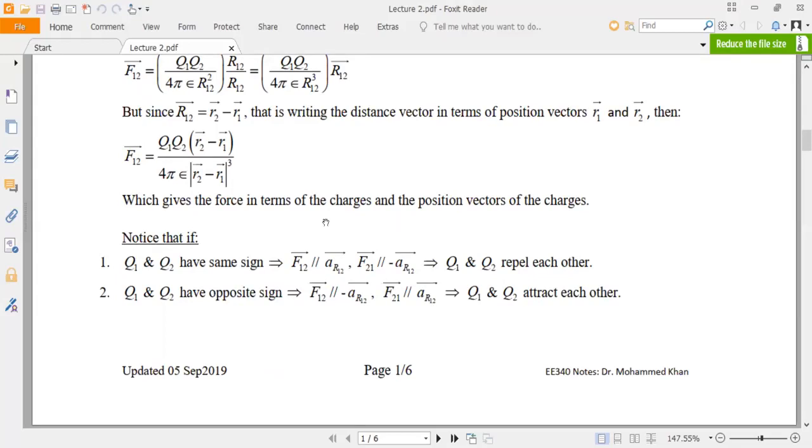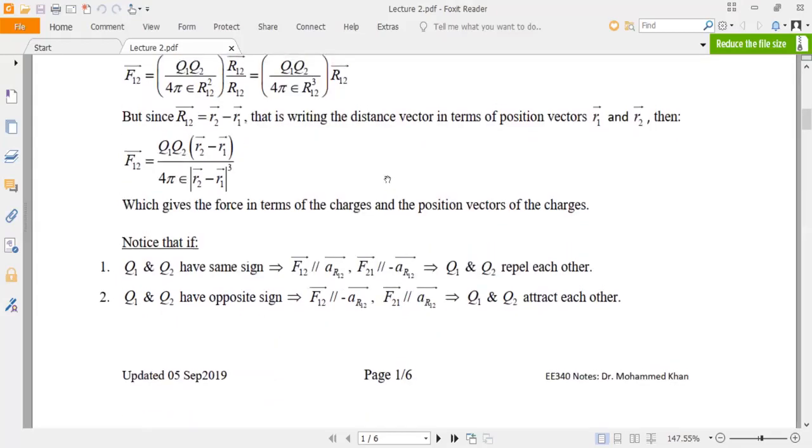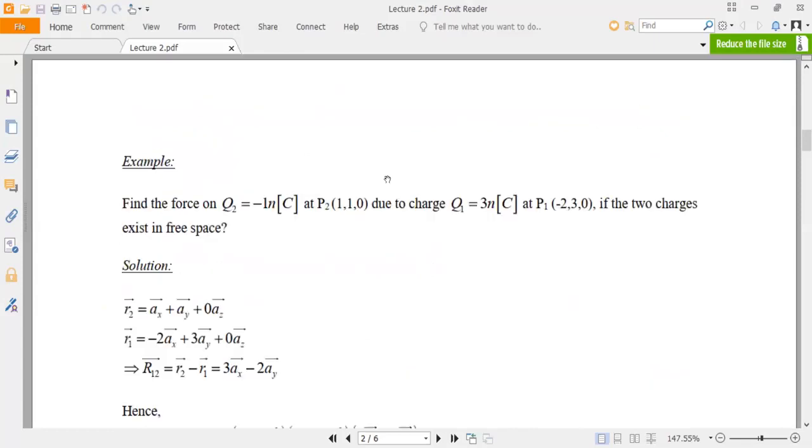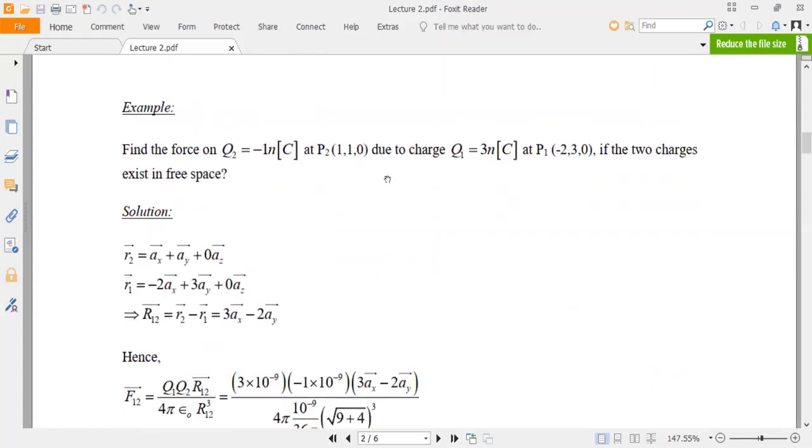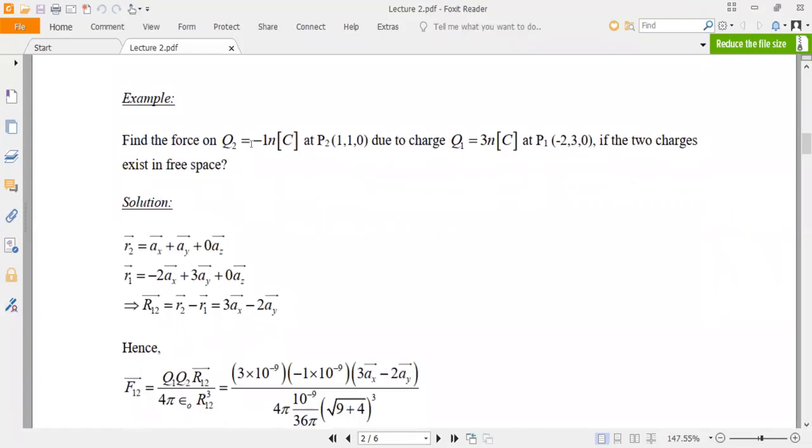Okay, so now let's go to the next page. Here I am showing some examples. We need to find the force. We have two charges. The second charge Q2 is -1 nano Coulomb, where nano is 10 to the power of -9, and this is placed at this particular point in space, which is (1, 1, 0).